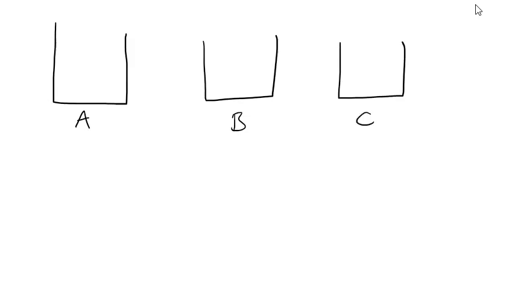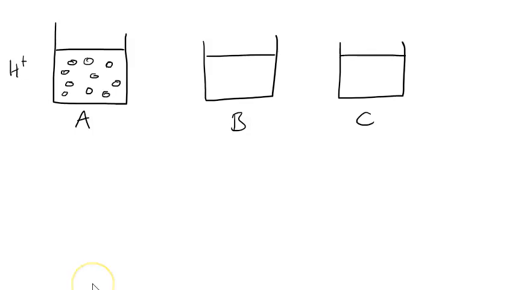So we've got the magnesium ribbon that we're putting into here. Let's just show hydrogen ions as these black circles, and then the products, so magnesium chloride and hydrogen gas.